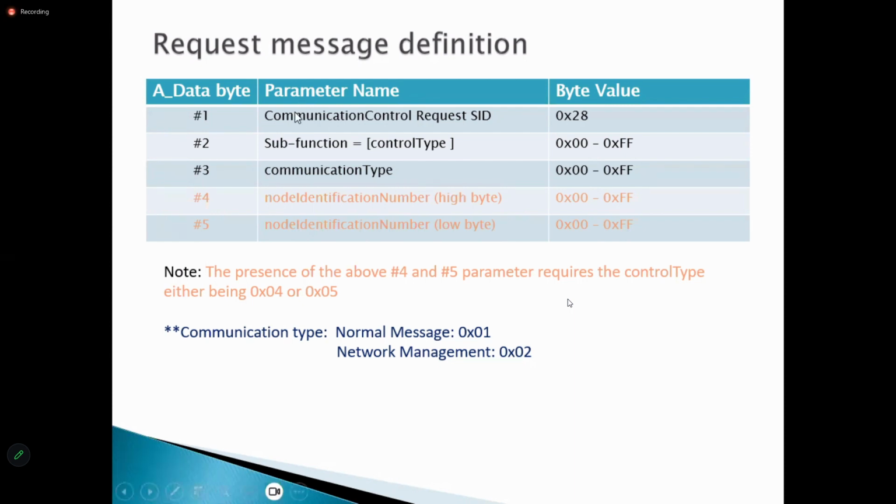Let's say the node identification number of one ECU is 010A and another is 010B, but the client is requesting 030B. That node identification number is not present in the network.